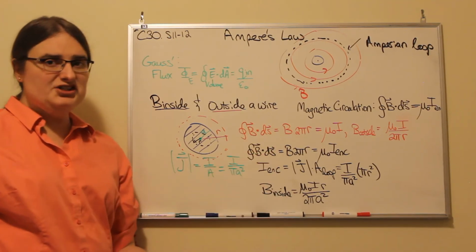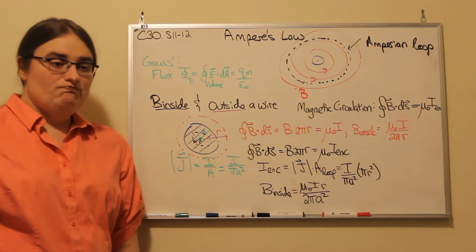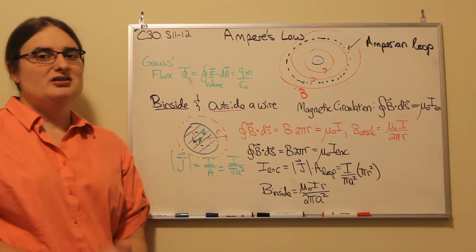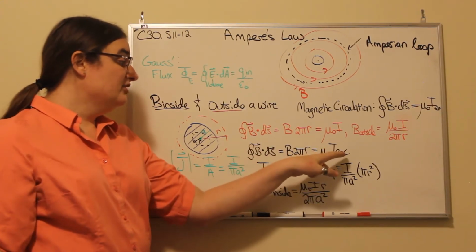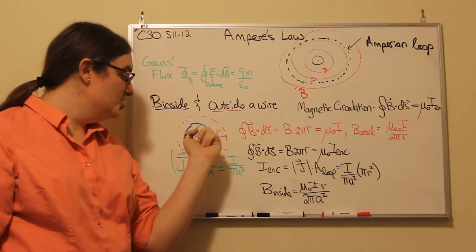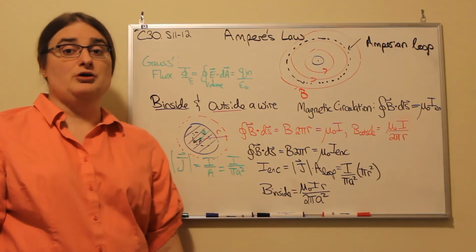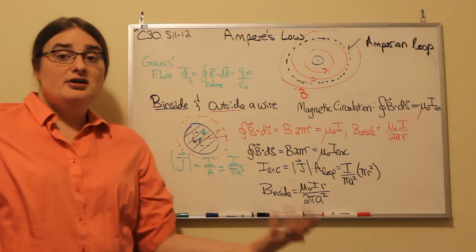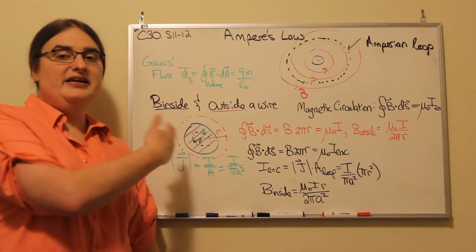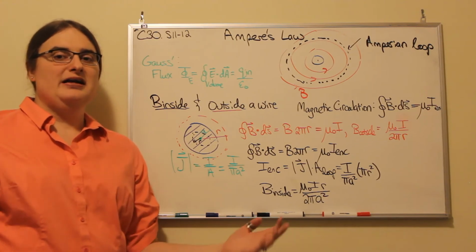So my circulation is still the magnetic field times 2 pi times the radius. Now, the enclosed current is going to change as my Amperean loop grows. Any current outside my Amperean loop doesn't count. Any current inside the Amperean loop counts.